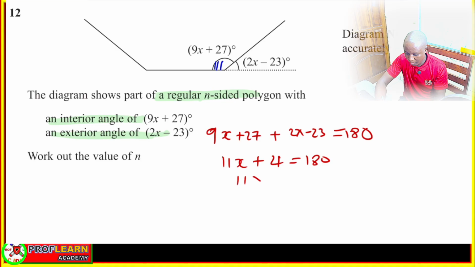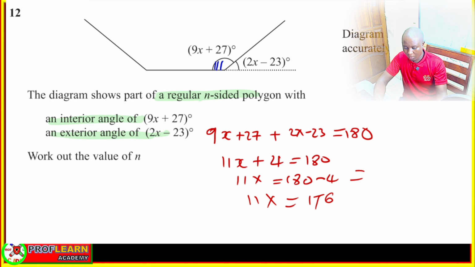So 11x is equal to 180 minus 4, and that translates to 11x equals 176. If we take 176 divided by 11, you are going to get x equal to 16.